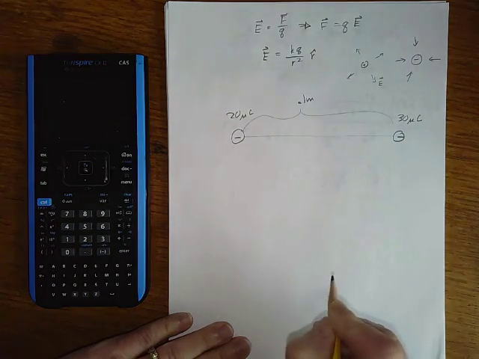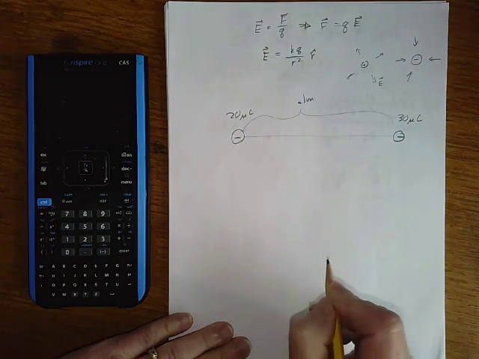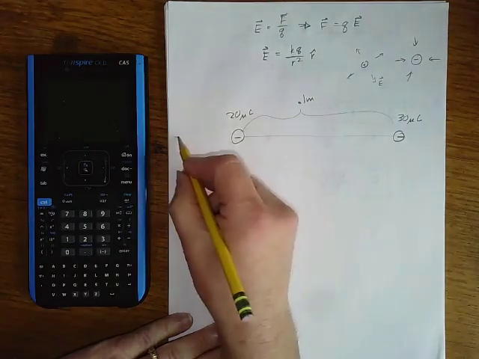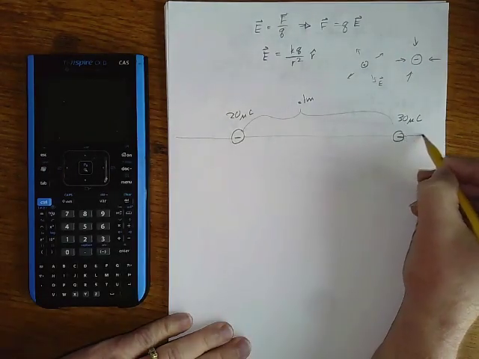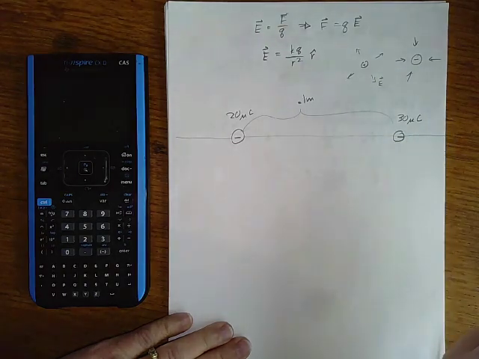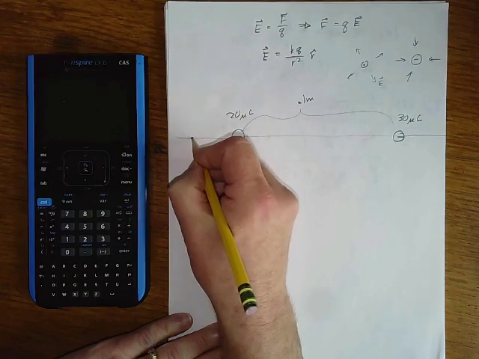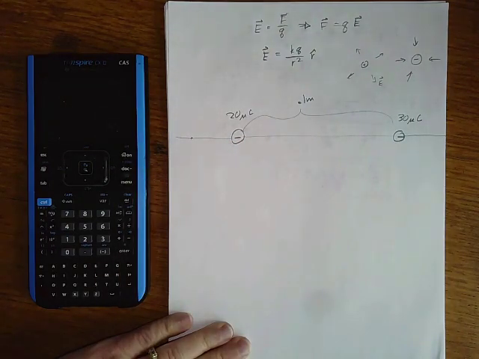If we're going to put a positive test charge, and this is all in a nice line, so we don't have to do x and y components, we'll just have everything be x. Let's say we were putting our test charge right here, what would happen?